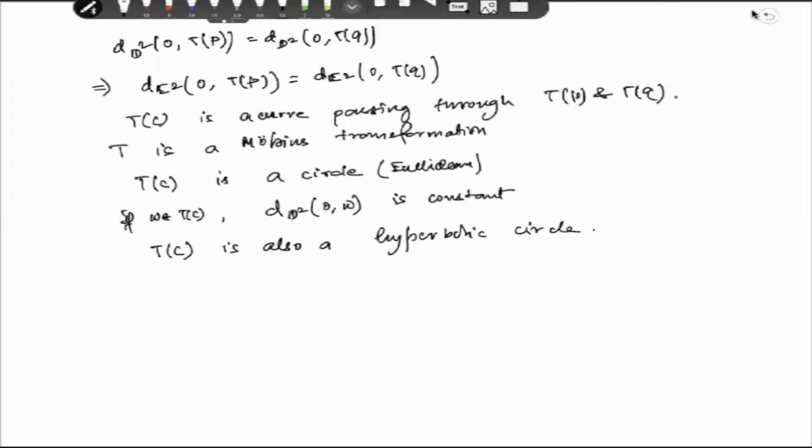Okay, but what we want to prove is that C is a hyperbolic circle. Now C is equal to T inverse of T of C. But here, T is an isometry of this unit disk.